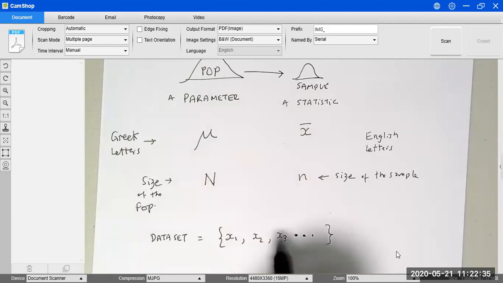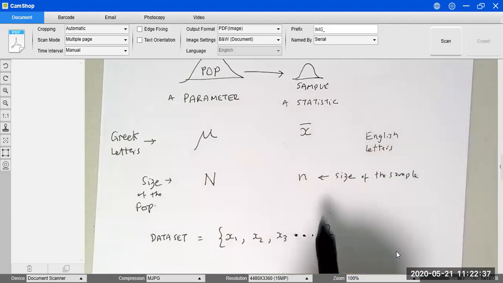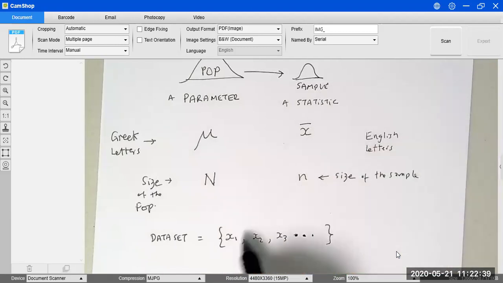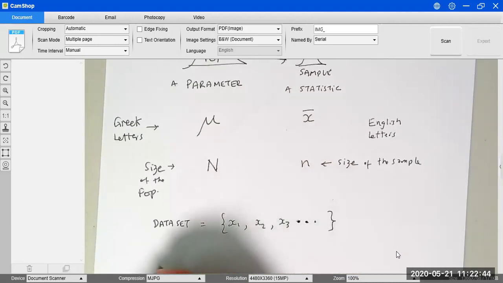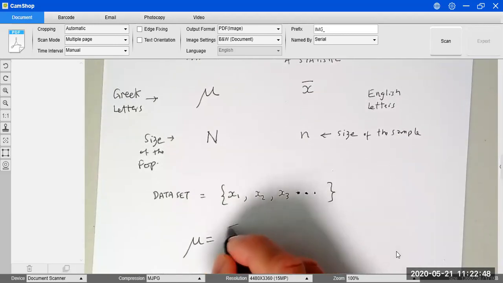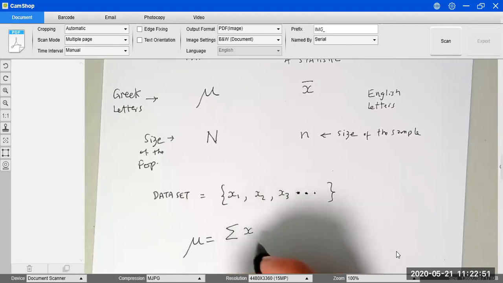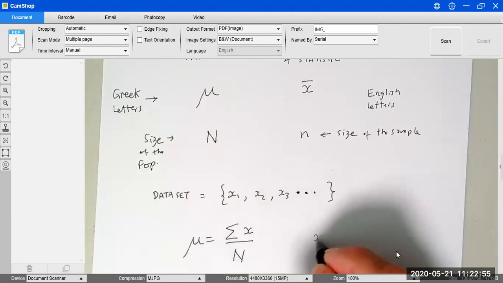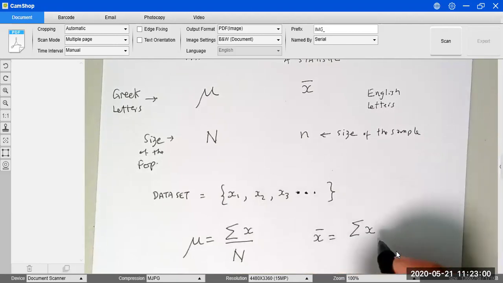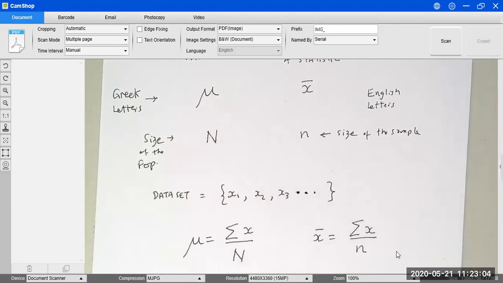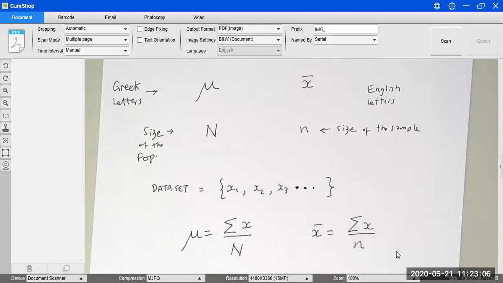If these values are coming from the sample, then you're going to use lowercase n to identify the number of values. So now the formulas that we're going to use for the mean. For the population, we sum all the x's, all the numerical values, and we divide by capital N. And for the sample, the same formula, the sum of all the elements in our data set divided by the size of the sample, so lowercase n.